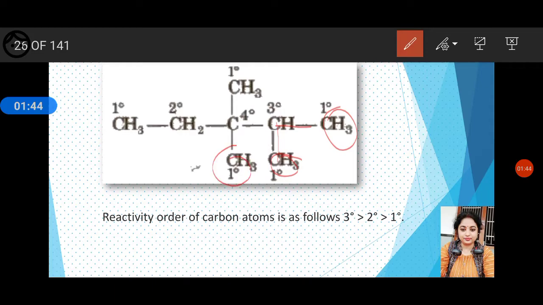Likewise, each of these carbons is attached to one single carbon. So, a carbon atom linked to one carbon atom is called primary carbon atom.